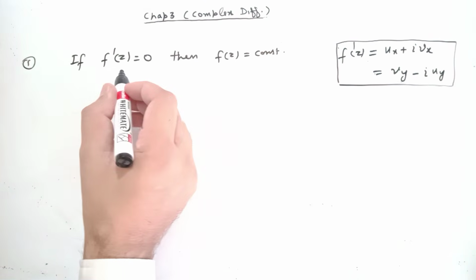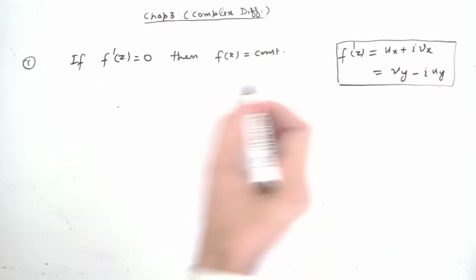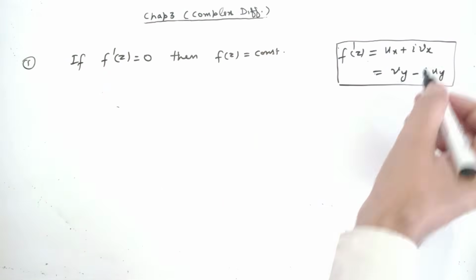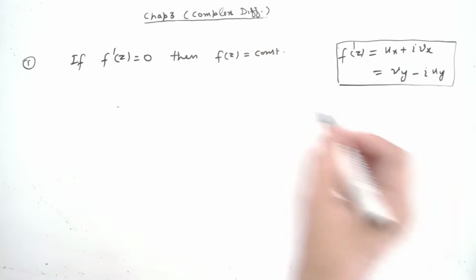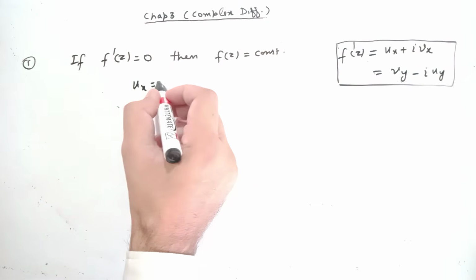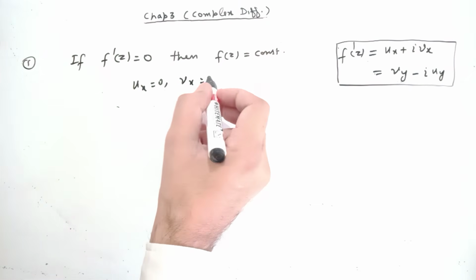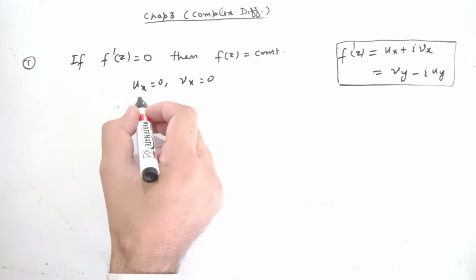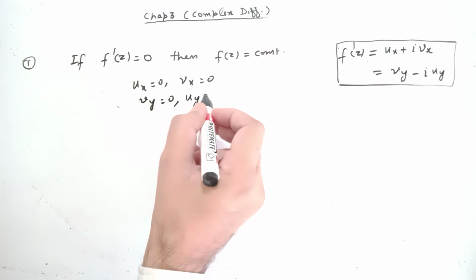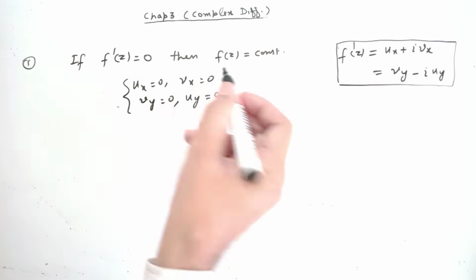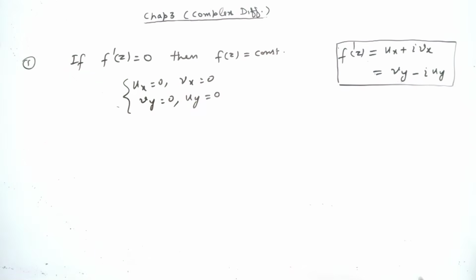So here we can use it. If f prime z is 0, that means ux plus iota vx is 0 and vy minus iota uy is 0. It means ux is 0, vx is 0, vy is 0, uy is 0. All are 0. If all are 0, it means u and v both are constant, so f(z) must be constant.